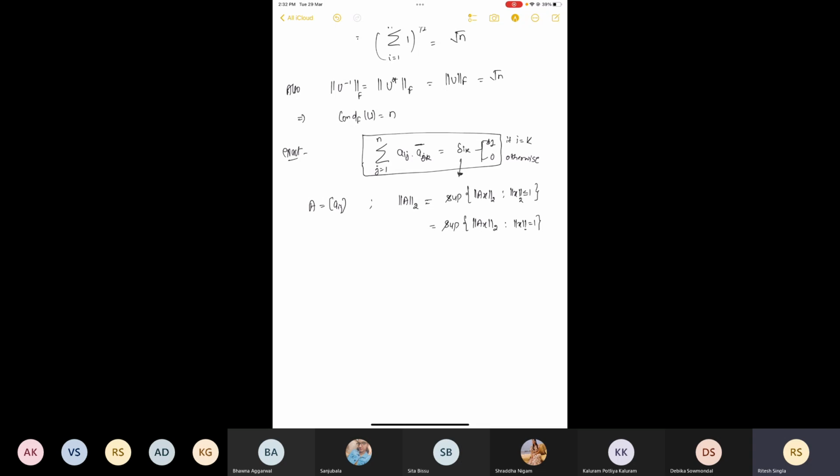These both are the same. And it is also equal to the square root of lambda maximum of A star A, where lambda maximum of A star A means the largest eigenvalue of A star into A. So this is the definition.